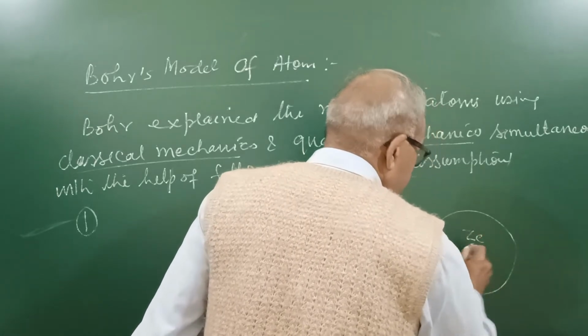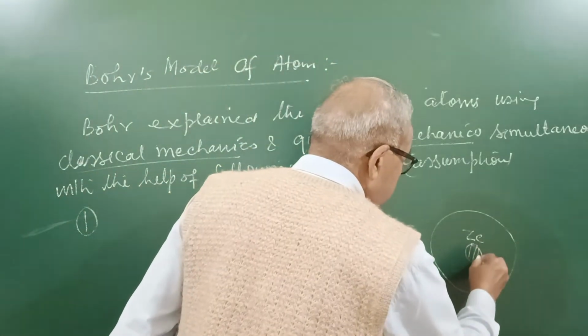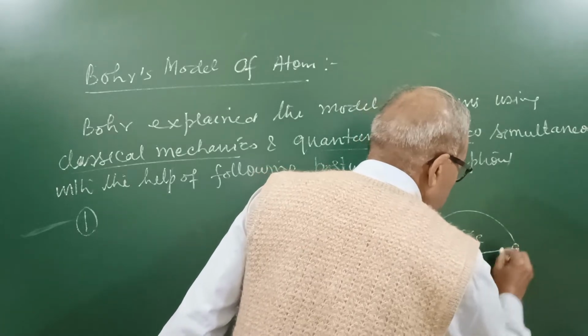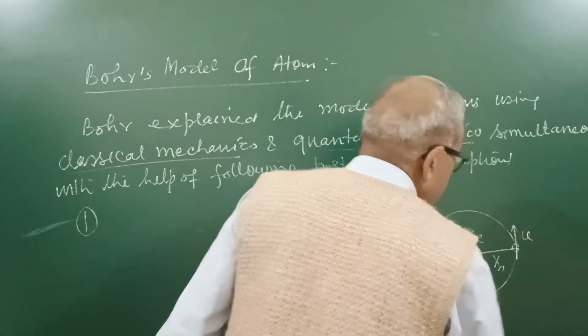Ze charge, Z is atomic number of atom, it is the nucleus. Electron revolves. Here, suppose this is nth orbit and this is velocity here.